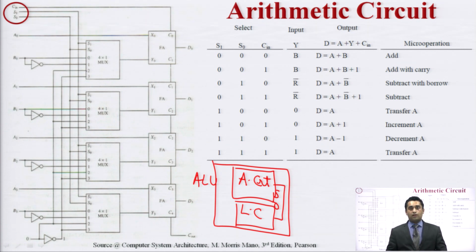Complement is done by the NOT gate. So the arithmetic and the logic, this combination is the ALU. So this is all about today's class. In the next class we will discuss the logic operations, what the logic operations are and how this figure is represented as a particular arithmetic circuit.